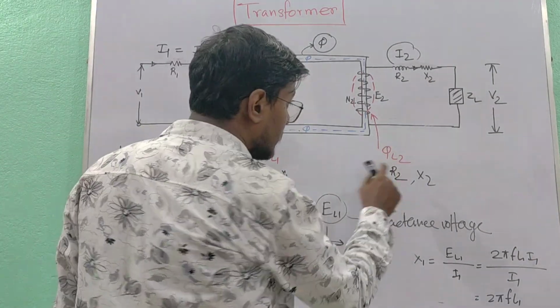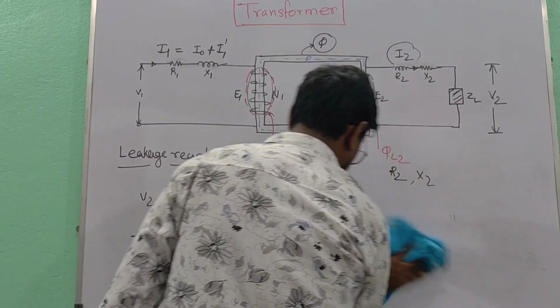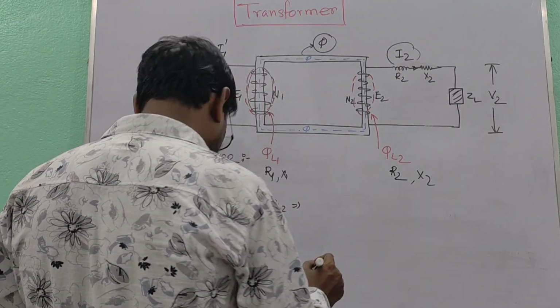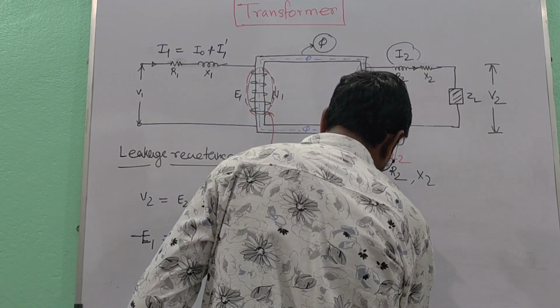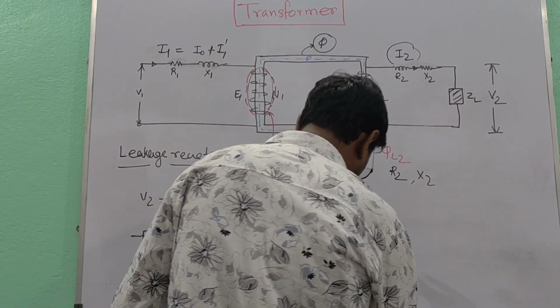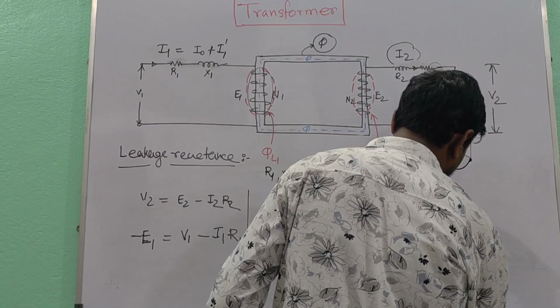Similarly for phi L2 also, there will be some X2, and X2 is equal to EL2 by I2 is equal to 2 pi f L2.